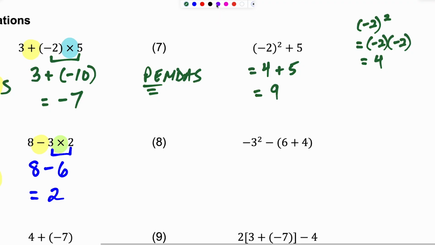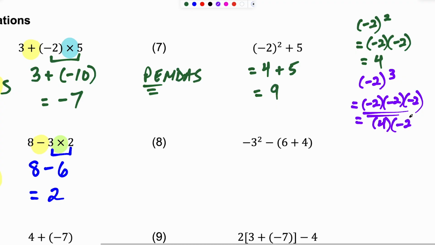I just want to point out, if we had something like, let's say, negative 2 to the third power, this would be equal to negative 2 times negative 2 times negative 2. And then we could pick any pair to multiply together first, but let's say we multiply the first two together. Negative 2 times negative 2 is positive 4, and then positive 4 times negative 2 is equal to negative 8.